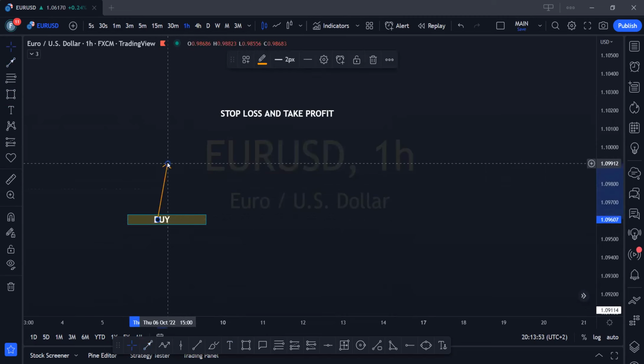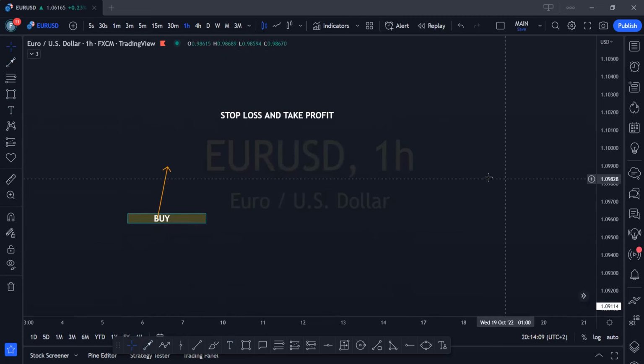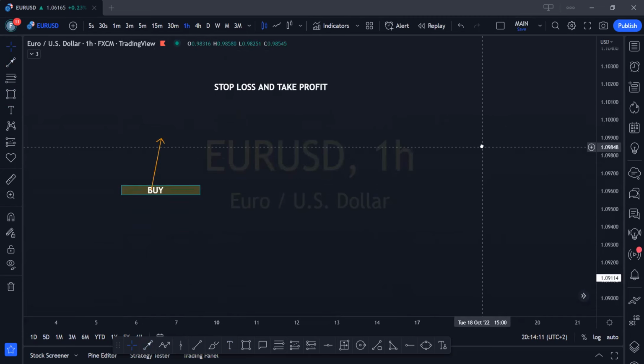So you want to buy at a very low price. As price is going up, you are making profits. Okay, so that's the concept. But there are times that the market might not go your way. That's why you must have plans in place to minimize your losses.